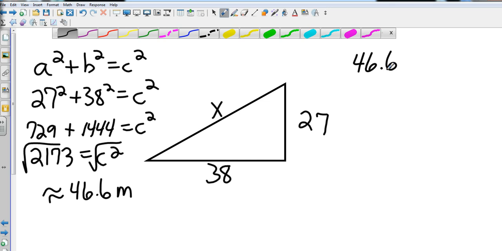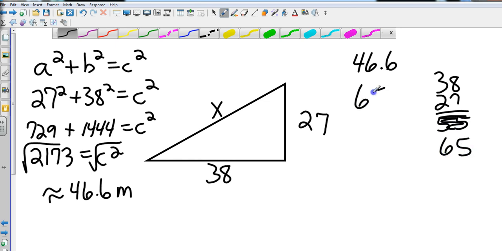If she swims directly across the lake, the total she walked would be 38 plus 27, which is going to be 65, excuse me. Good math there. And so it asks how much she saved, so we're going to do 65 minus 46.6.